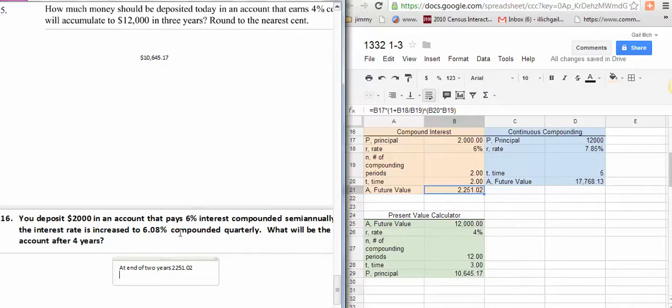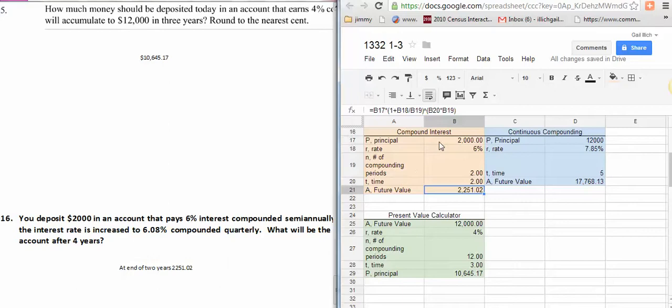Now you want to take that amount and figure out how much you'll have if you now have a 6.08% interest rate compounded quarterly. So let's change this to $2,251.02. It's 6.08% now, so we got a little bit better interest rate. And it's compounded quarterly, so that's 4 times a year. And they want to know how much you'll have in the account after 4 years, so this is 2 years at this amount.